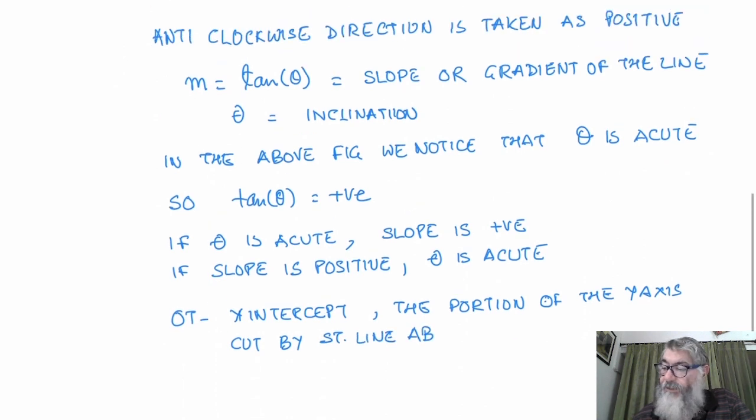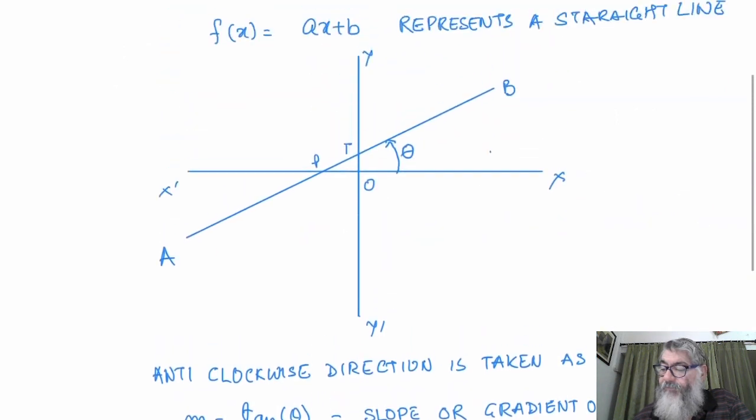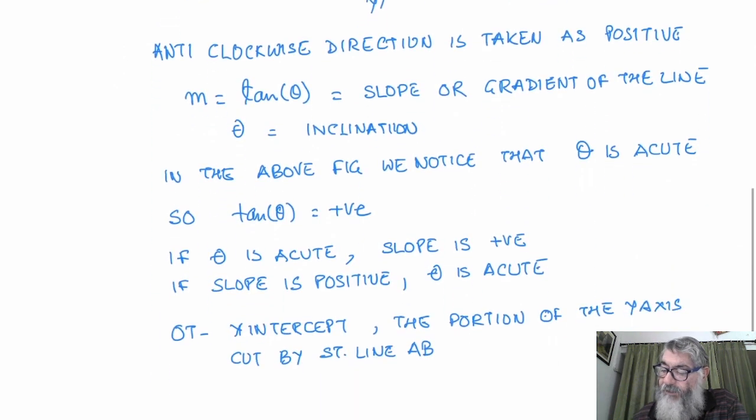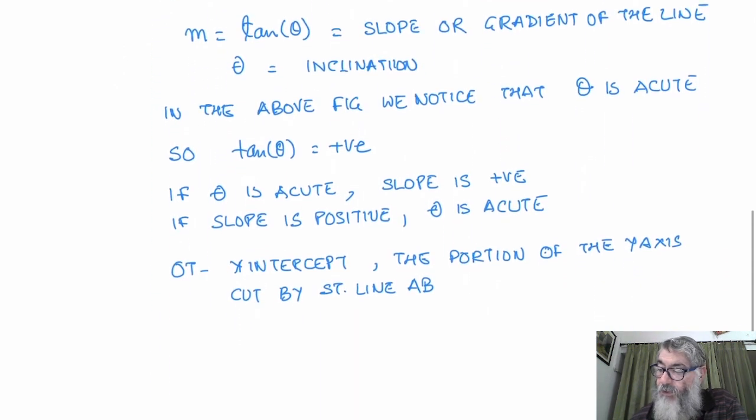You can see it in the figure. Generally, in the form y = mx + c, c represents the y-intercept.